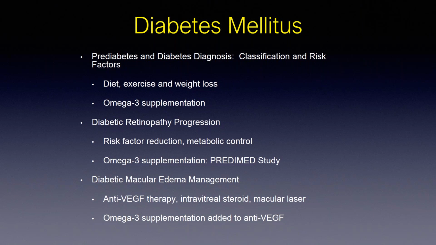And finally, for those patients who are already receiving anti-VEGF therapy for diabetic macular edema, or intravitreal steroids for diabetic macular edema, or even macular laser, the addition of omega-3 supplements to this group of patients may reduce intravitreal VEGF levels and may help improve the OCT thickness, and in one study showed a trend toward better vision in the group that was supplemented with omega-3, specifically DHA.